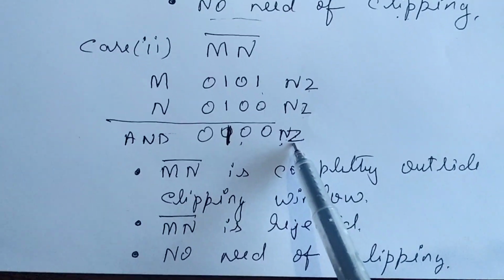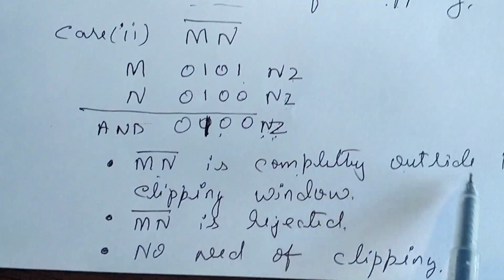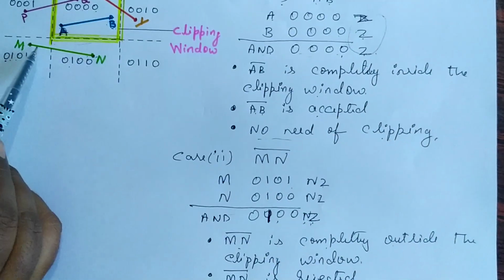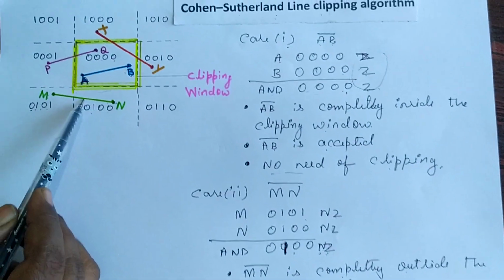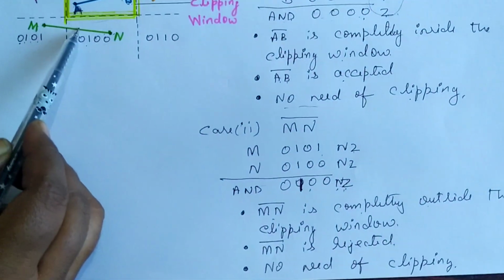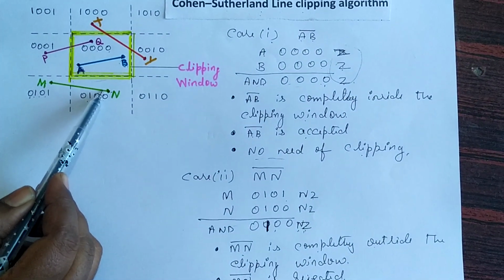If this is non-zero, that means the line segment MN is completely outside the clipping window. You can easily observe that the MN line is completely outside the clipping window, right? So in this case, this line has to be rejected or neglected. If it is neglected, then we don't need to do line clipping here.